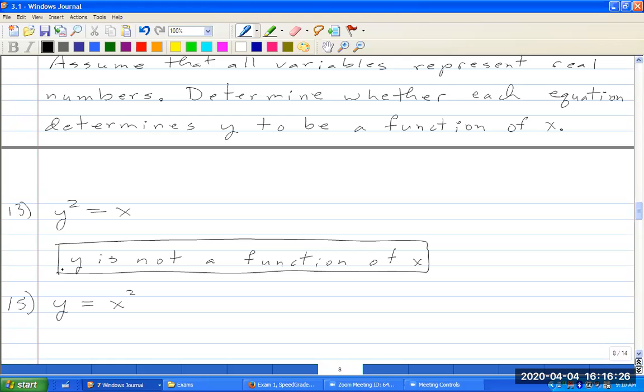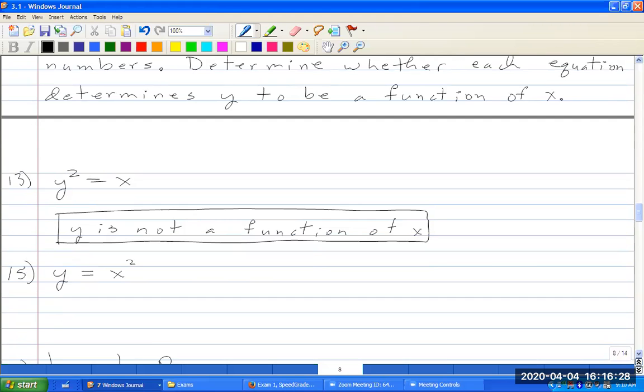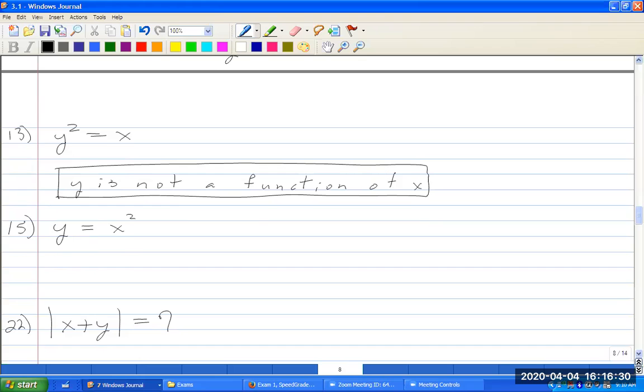Let me do problem number 15. y equals x squared. Well, if you take any number and you square it, you'll always get some answer, and it's unique. If you go and plug something into your calculator, say you hit the squared button, it gives you an answer.